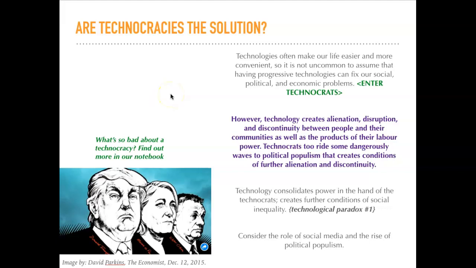So hand in hand with encouraging a culture of entrepreneurship tends to be the progressive thinking that technology, because it can make our life easier and more convenient, we can make the assumption, and we do make the assumption, that having progressive technologies can fix our social, political, and economic problems.